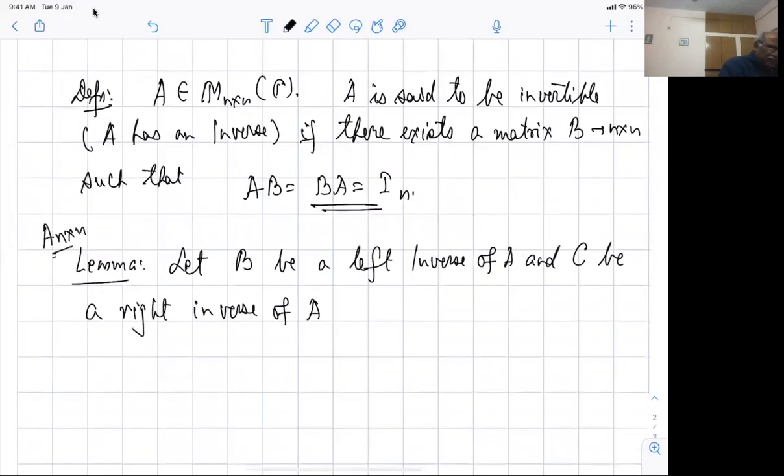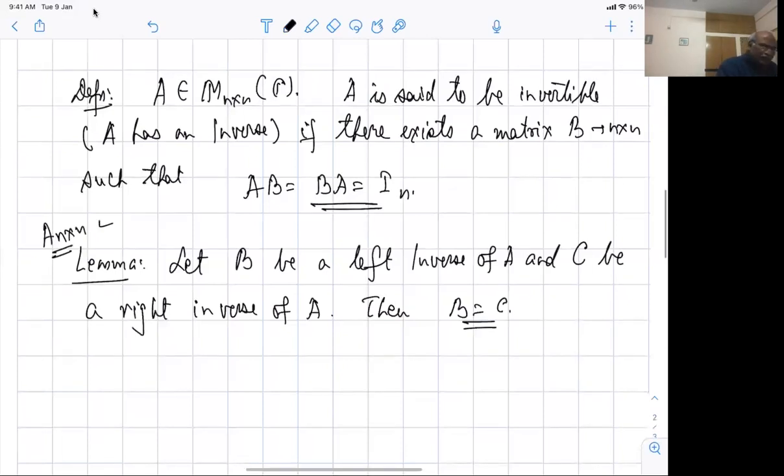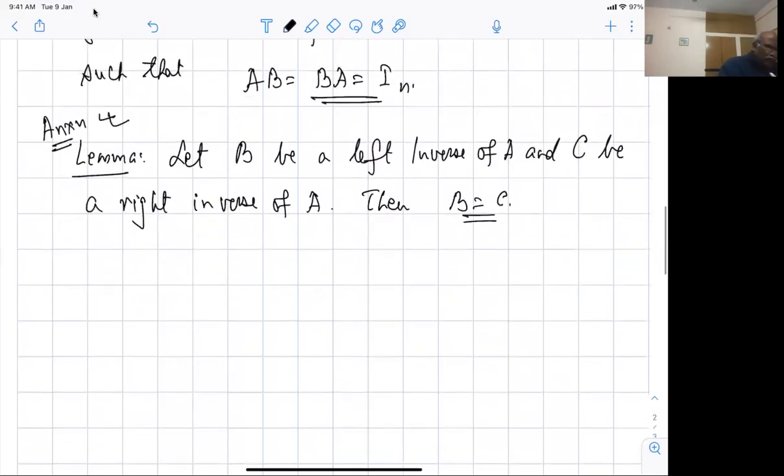All right, that's important. Then B has to be equal to C. All right, that's very, very important. So if you have a square matrix and you have got a left inverse and a right inverse by whatever method, they must be equal as such. Fine. So the proof is easy.